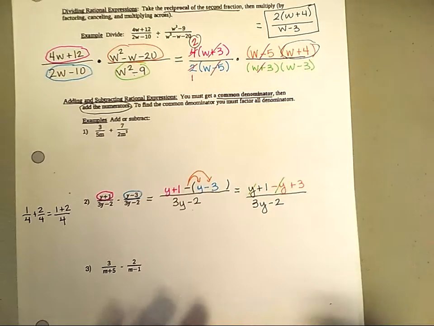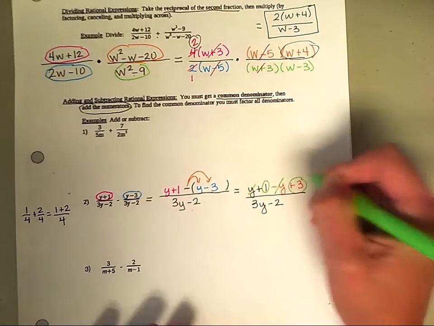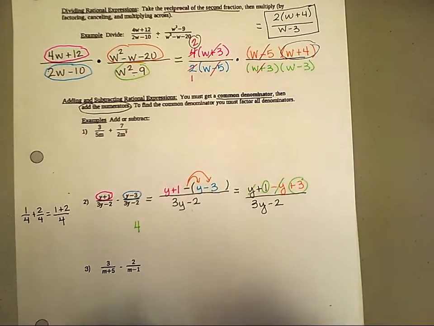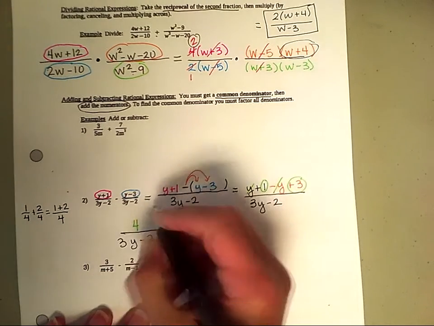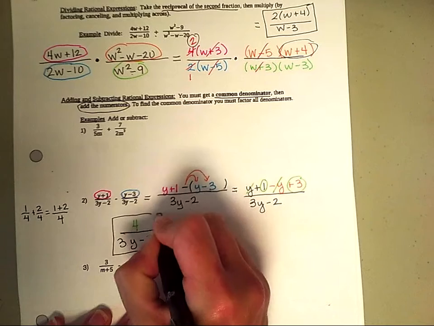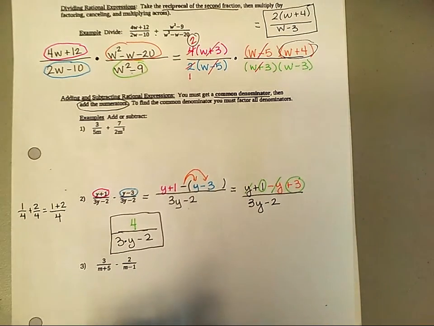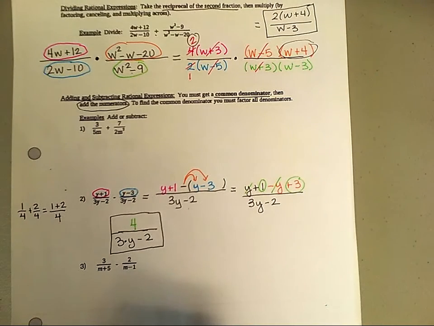If we take y and subtract y, well, that goes to 0, and 1 plus 3 is just 4, over 3y minus 2. It's 3 times y. And that's all we can do with this. There's no simplification that can happen.